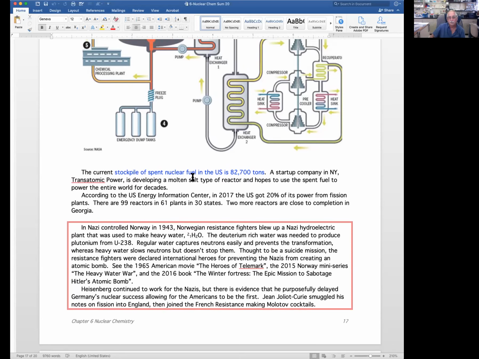I seriously doubt it. If they're not going to give that up, where are they going to get their electricity? From burning forests and putting carbon dioxide in the air? From digging up fossil fuels and putting more carbon dioxide in the air? Or maybe we should take advantage of this 83,000 tons of spent nuclear fuel.